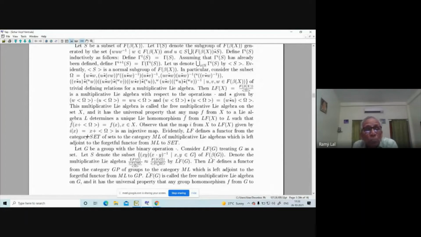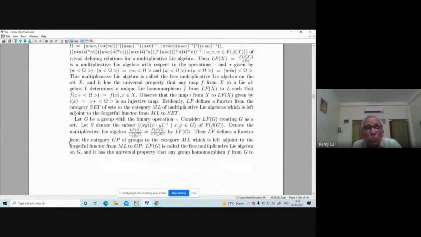So if you take a group G, a similar construction holds for G. So far the set X had nothing to do with the group structure. Now here G is a group with the binary operation dot.